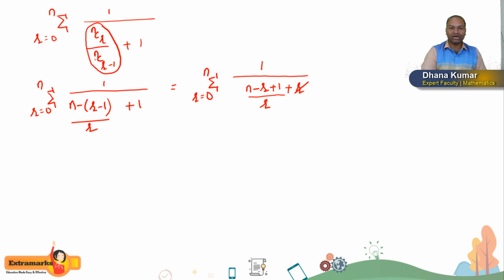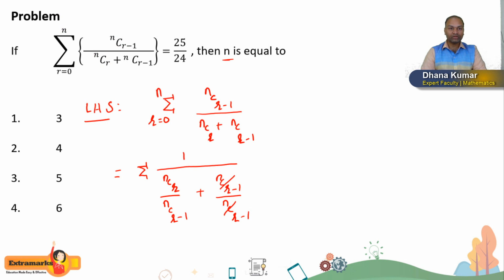So anyhow here r cancels, fraction reverses. So that is equal to sigma r ranging from 0 to n, r by n plus 1. Correct or not, you see?